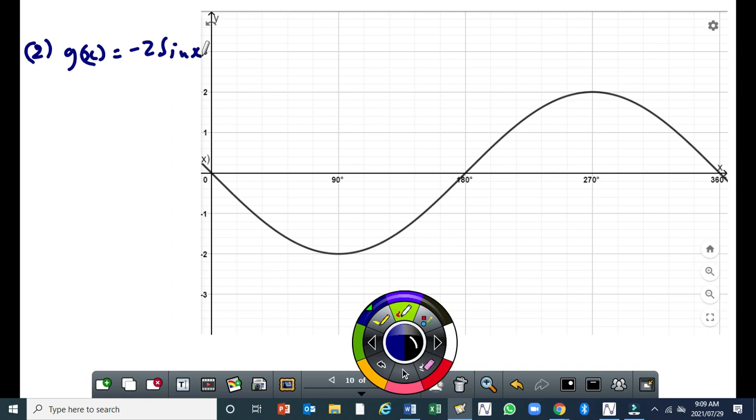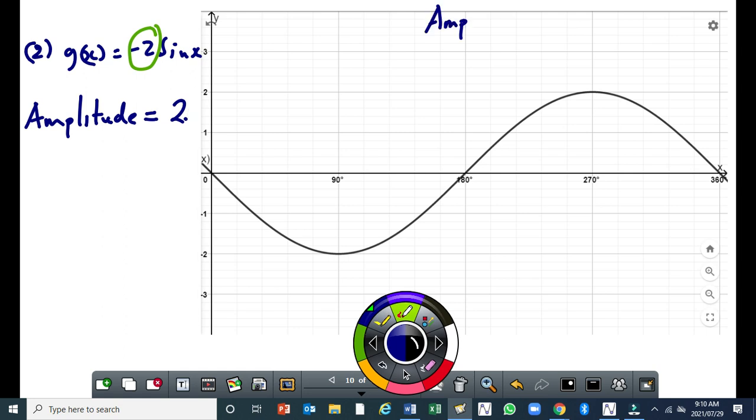The amplitude, you can get it from the equation. It is equal to the positive value of that -2. So you take the positive, so the amplitude is 2. If you decide to do a calculation, amplitude for this graph will be equal to y max minus y minimum all over 2, right?